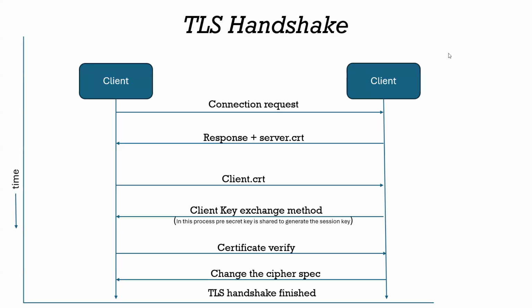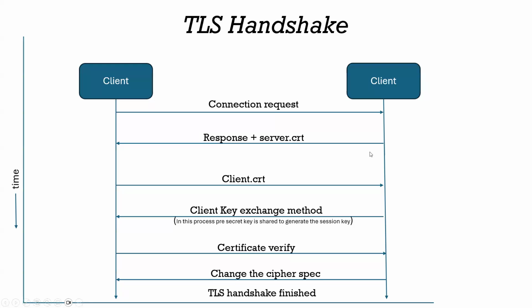So take this example. This server.crt was sent to the client, and in the next step the client encrypted a pre-secret key, which is a very small key, and shared it with the server.